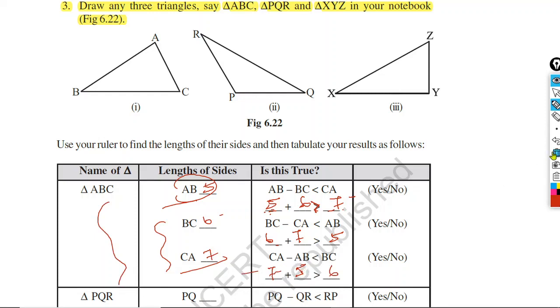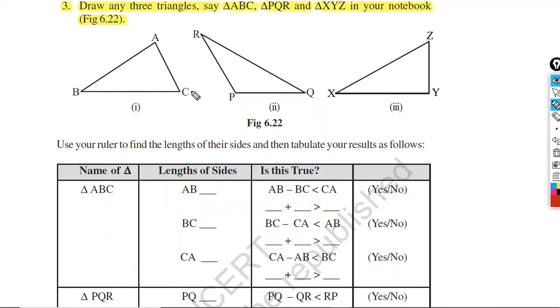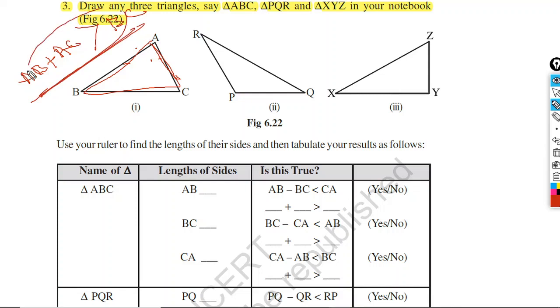So what do we learn from here? We learn that in a triangle, suppose ABC, the sum of two sides, AB and AC, suppose AB plus AC will always be greater than BC, and this is true for all the sides.